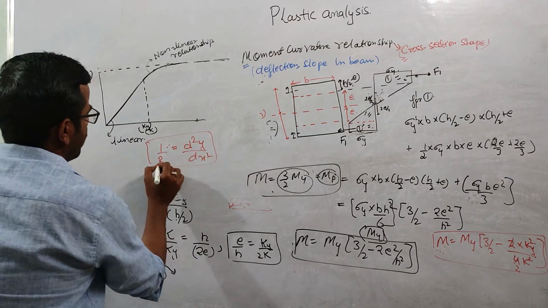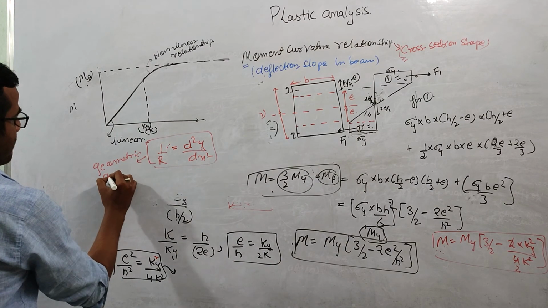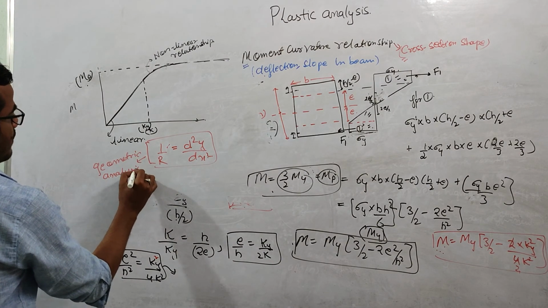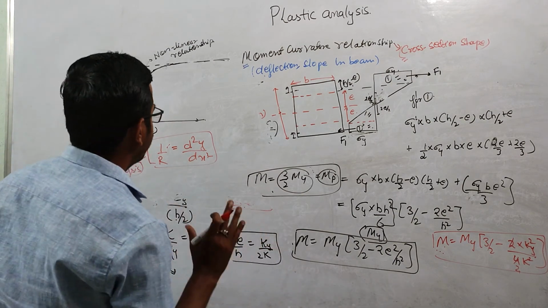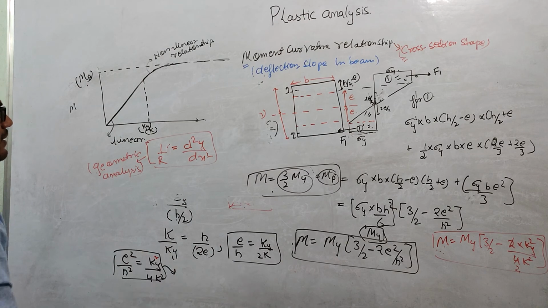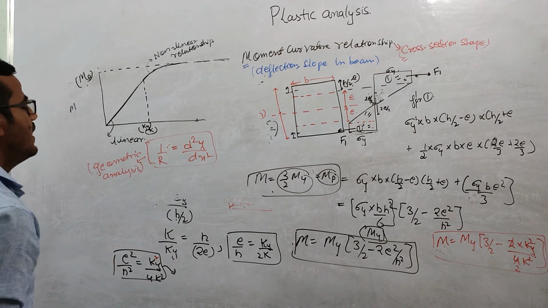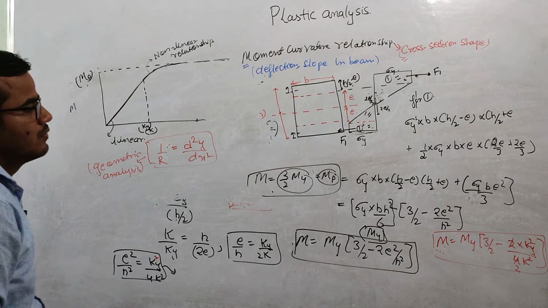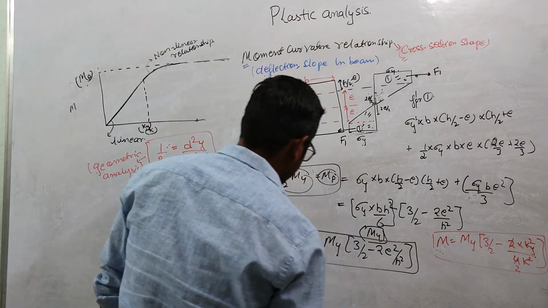This we get from the geometrical analysis. So this relation is valid for both elastic and plastic methods. Okay, so we need to find curvature and we will integrate those things to get the deflection and slope. So this is the way you calculate the curvature value basically.